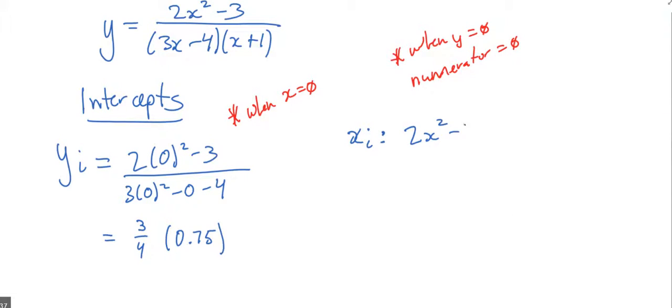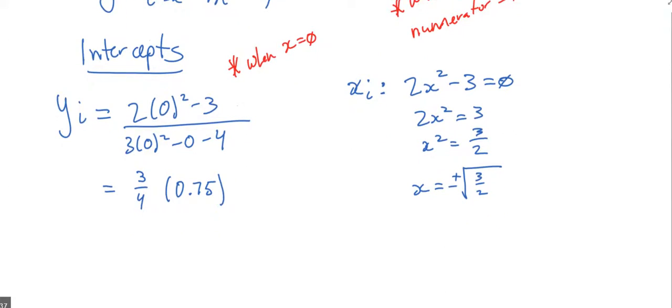This one's a little bit strange. So I'm actually going to set it to 0 and solve it. And we want these as decimals, so I'm going to get my calculator out, and I'm going to find out what this decimal value is, and it's 1.22.